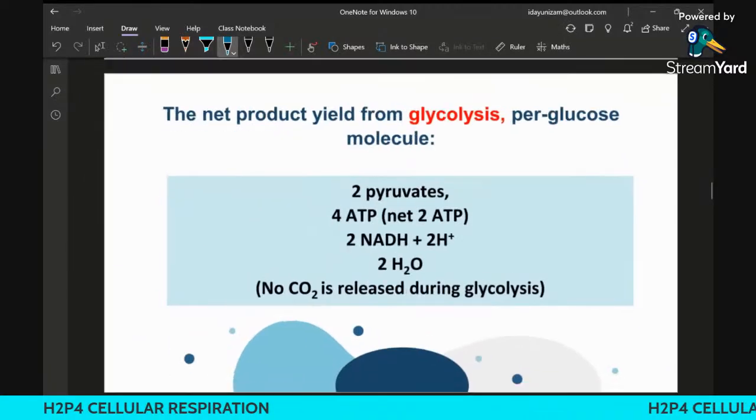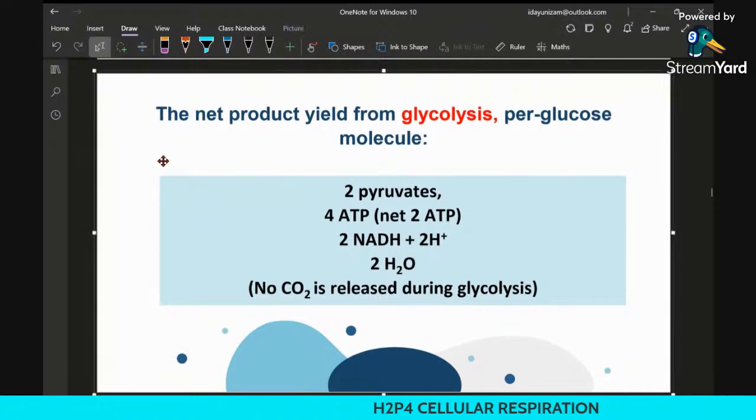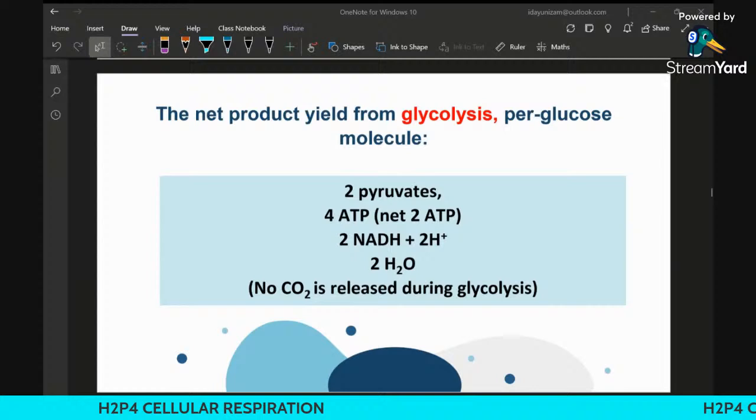And if the teacher asks you what is the net yield product for glucose in glycolysis, you can summarize like this. What is the summary that you can see, class?